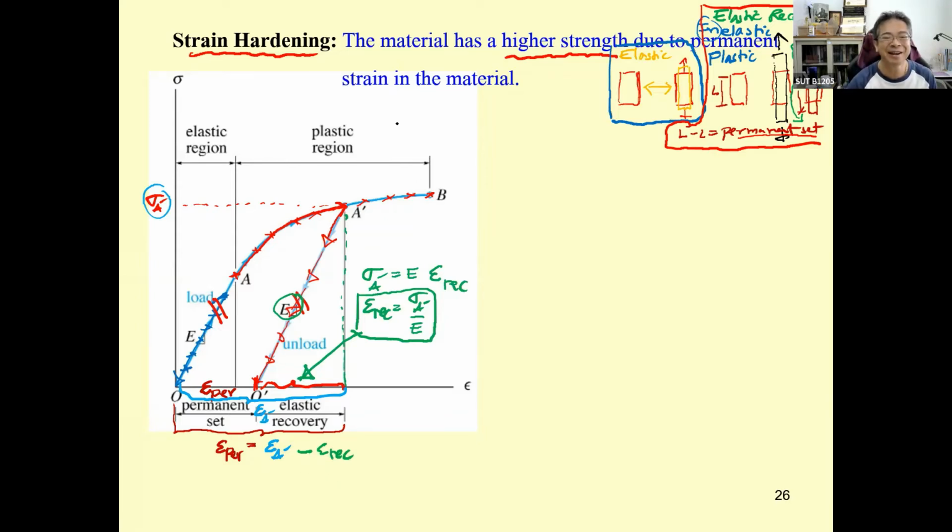And you guys know that strain equals deformation divided by its original length. By this equation, you have the deformation equal to strain times L. So the permanent deformation, or L prime minus L, can be computed by the permanent strain times L.